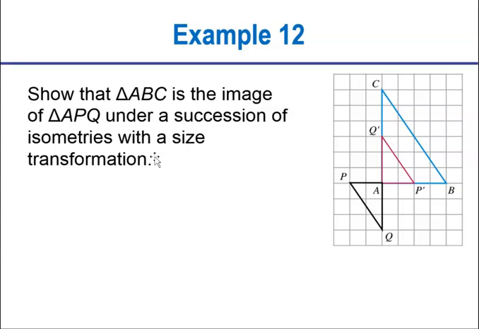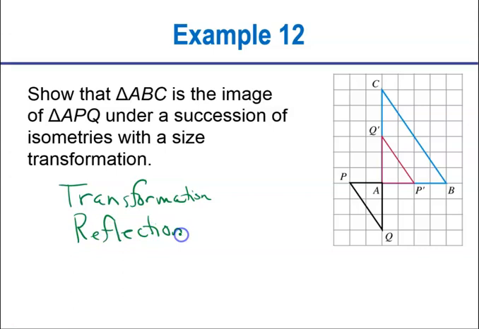So basically, you remember what the isometries are that we know? You could do a translation, and that's when you move left, right, up, down, or a combination of those, okay? You could have a reflection. I'm not doing these in any particular order.